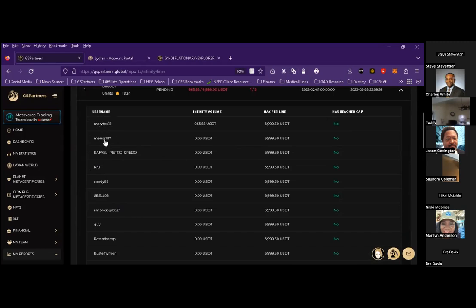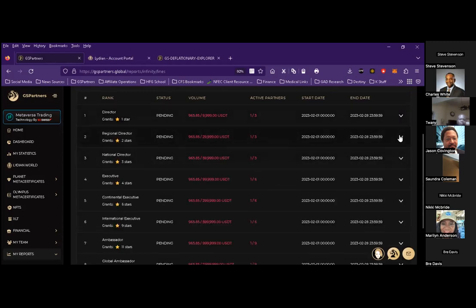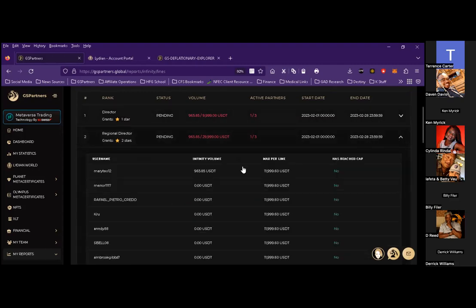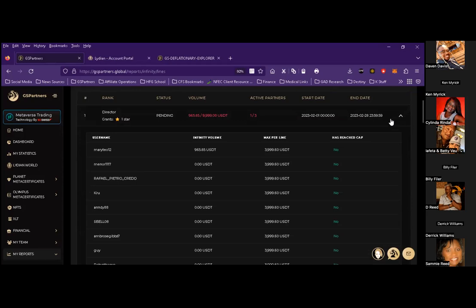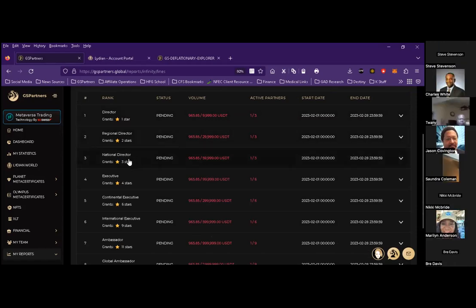And you can use this within My Team to find out who they are and who their sponsor is. It goes all the way down. So if you hit one of these, everything turns green, and then it starts opening up. You notice that the max per line for regional director is larger than the max per line of the director. That's because your team is growing and they want you to get more room for growth.